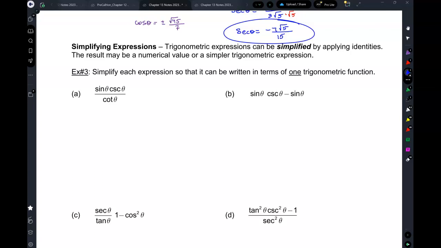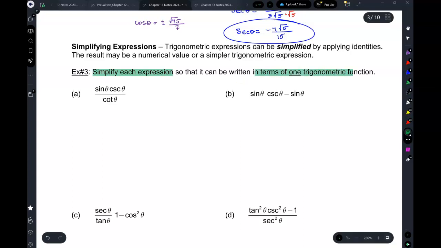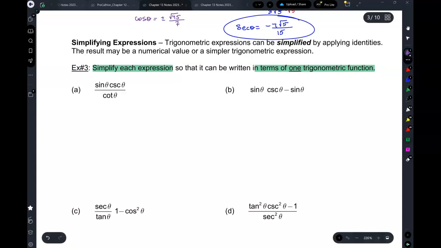So when we say simplify, you're going to be told, let's say, simplify so that it can be written in terms of one trigonometric function. So like just a sine or just a secant or just cotangent. All right? Okay, so that's what we're going to do. Now, how do we do these?